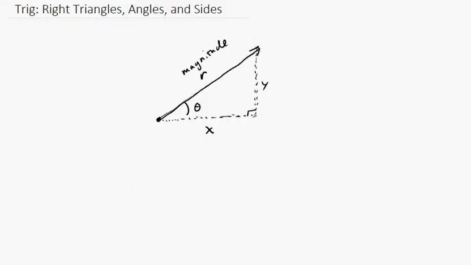Here we go. Alright. So some of the relations that you're going to need to use, first of all, is the Pythagorean theorem. So that is x squared plus y squared equals r squared. Okay, and then some other things you need to know is that sine of theta is y over r.